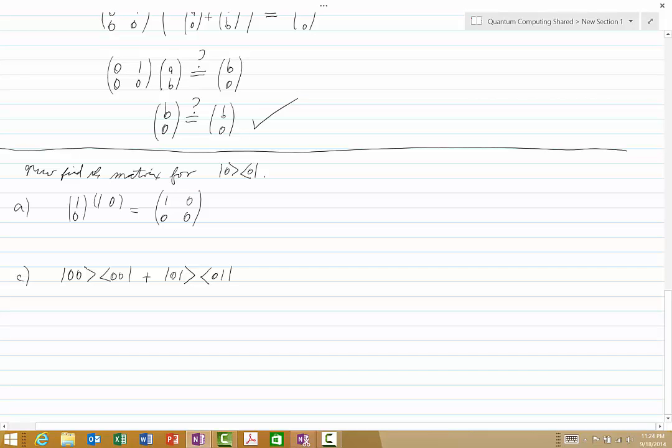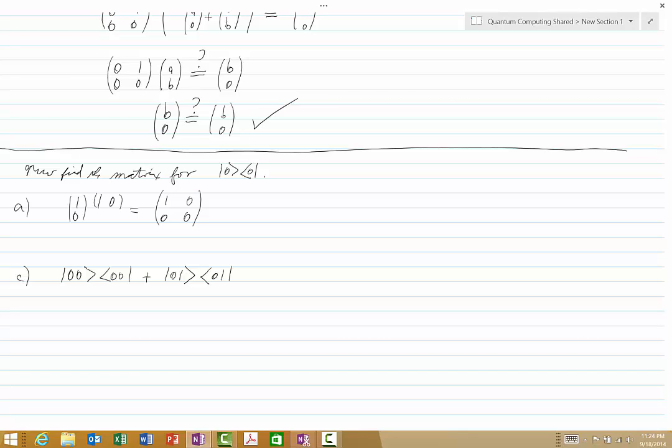Once again, just as was the case in problem A, so it is the case in problem C as well, that we need to have a very clear understanding of what the basis is in this case and the ordering of the basis. And it's different now from what it was before, because in problem A, we were talking about a 1-qubit system, but now we have a 2-qubit system.